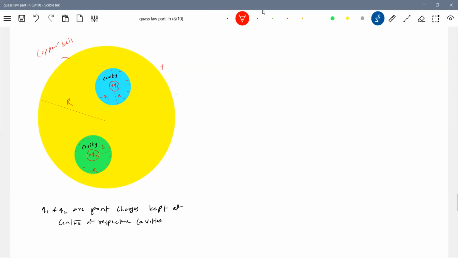The charge on the outer surface, as it is a copper ball of radius R, will be Q1 plus Q2. So let's label the surfaces 1, 2, 3. What about sigma? Sigma 1, sigma 2 equal to sigma 3, which is equal to (Q1 plus Q2) by 4 pi R square.